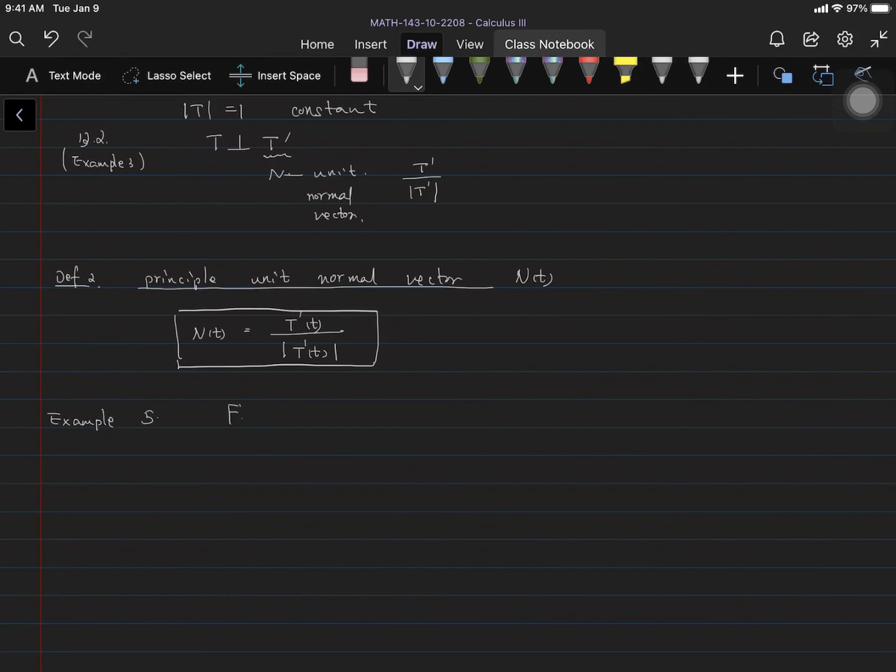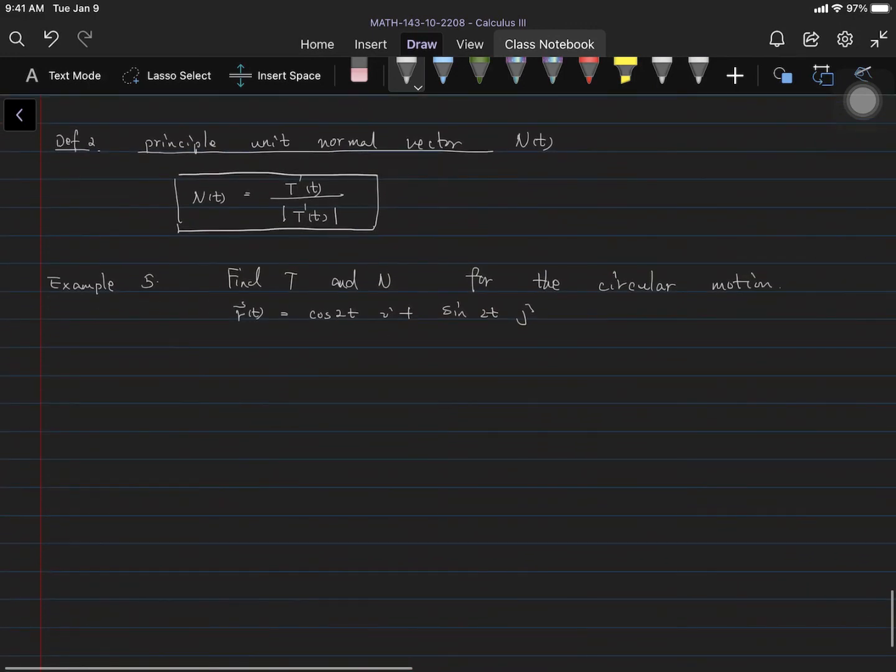Find T and N for the circular motion, where r of t is given by cosine 2t i plus sine 2t j. Firstly, how to find the tangent vector?